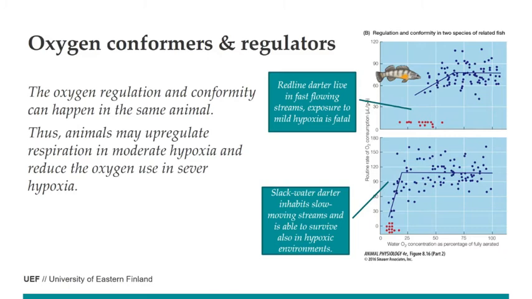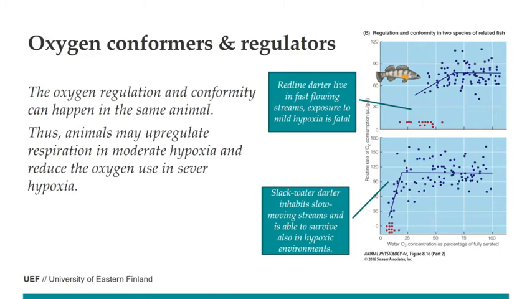much oxygen is consumed. And as you can see, when it's not so severe hypoxia, the line is from left to right. So they maintain the oxygen consumption quite steady.